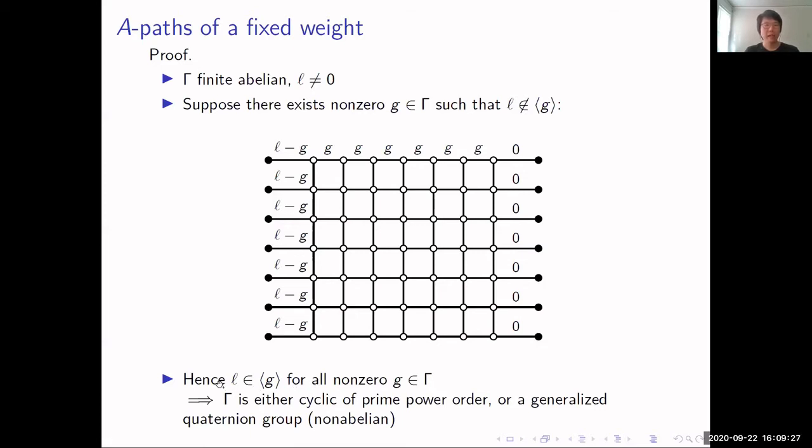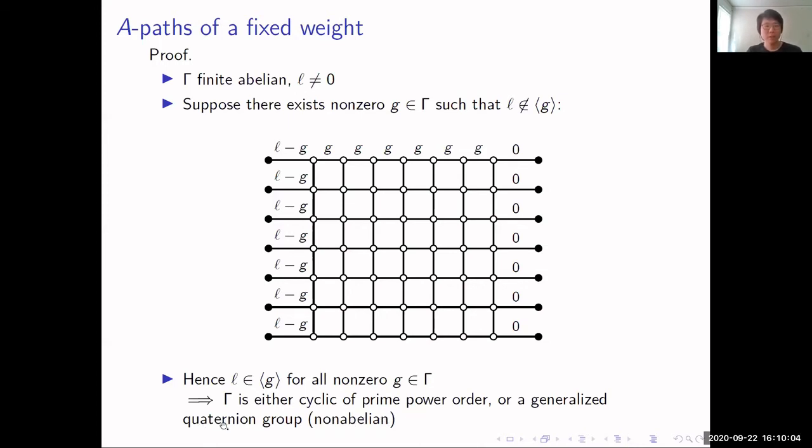It turns out that if your group satisfies this property, then your group actually has to be a P group for some prime P, which means the order of every element is a power of the prime P. And any P group satisfying those properties is either cyclic or a generalized quaternion group. This is just a well-known fact in group theory. I mean, I didn't know it, but it appears in a lot of textbooks. So it seems to be very well known.